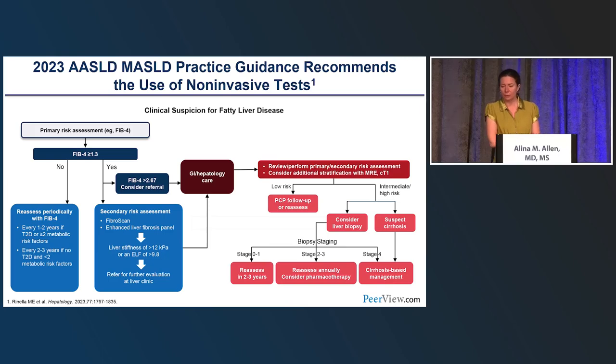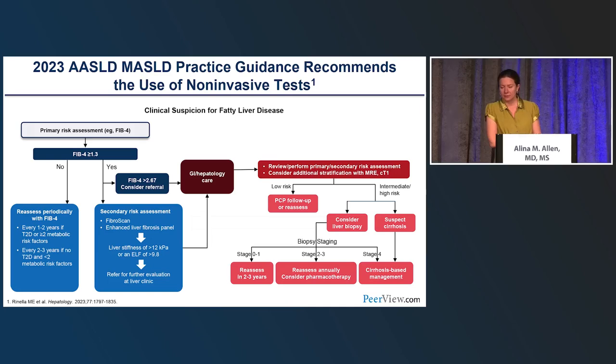If FIB4 is 1.3 or higher, then they need a secondary risk assessment, such as FibroScan or ELF, and these two cutoffs are recommended here for further evaluation in the liver clinic, so a stiffness of 12 kPa or an ELF of 9.8.